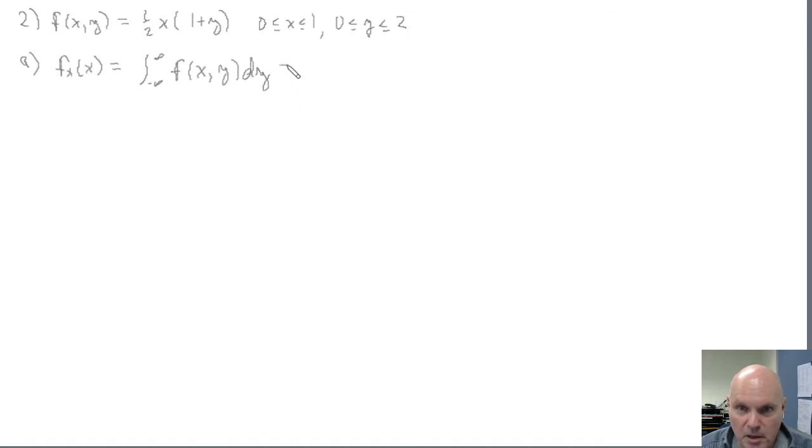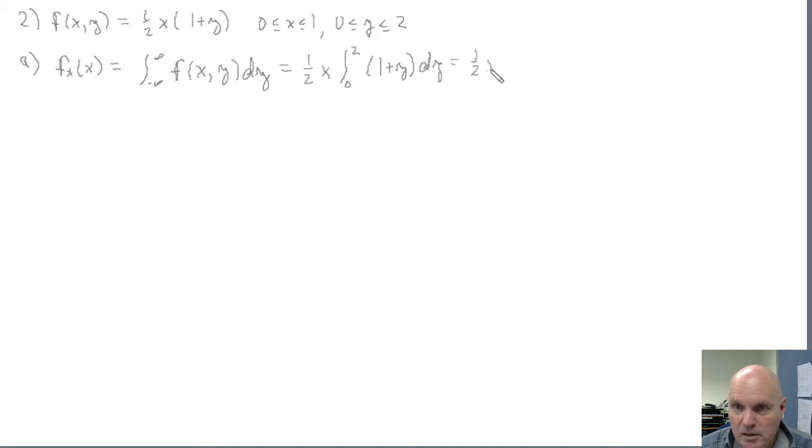In this particular case, since our joint PDF is a product of terms, and the integration is over y, I can pull the 1/2 x outside the integral, and then also reduce the limits on my integral because the joint PDF is only non-zero for y between 0 and 2. So I'm left with the integral of (1 plus y) dy.